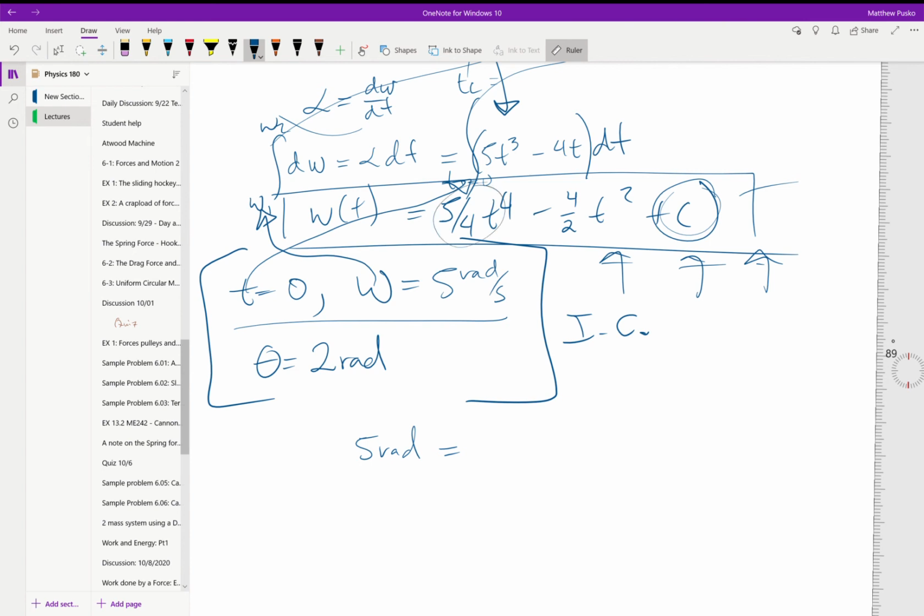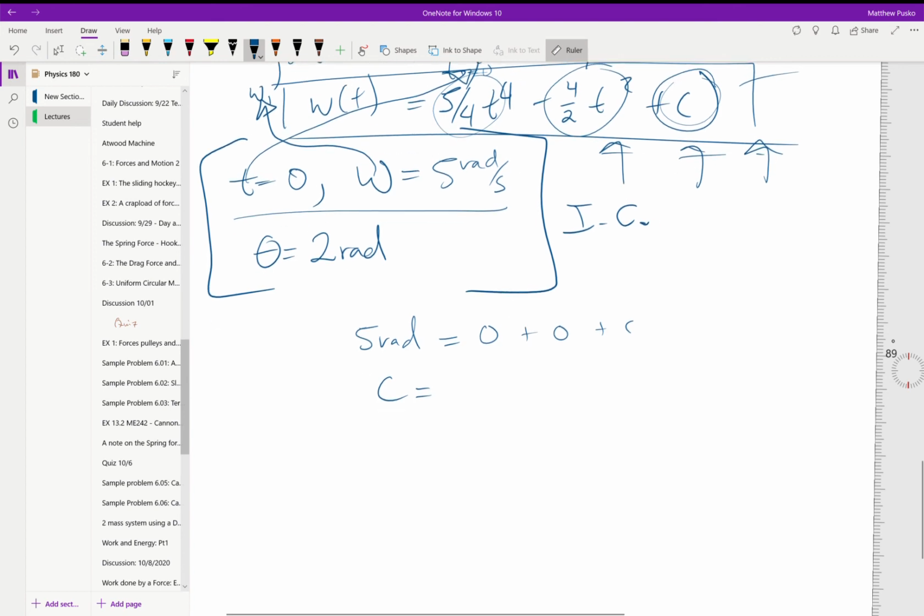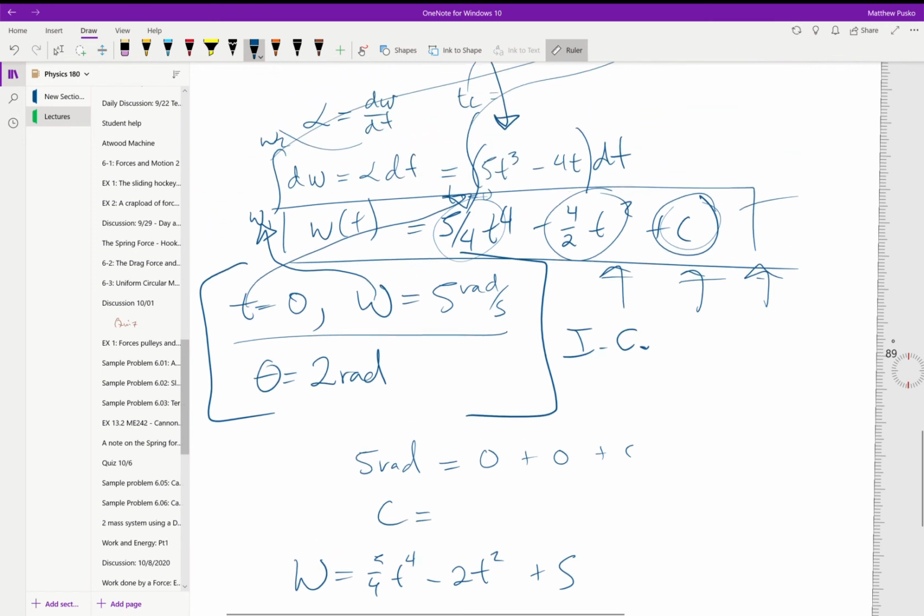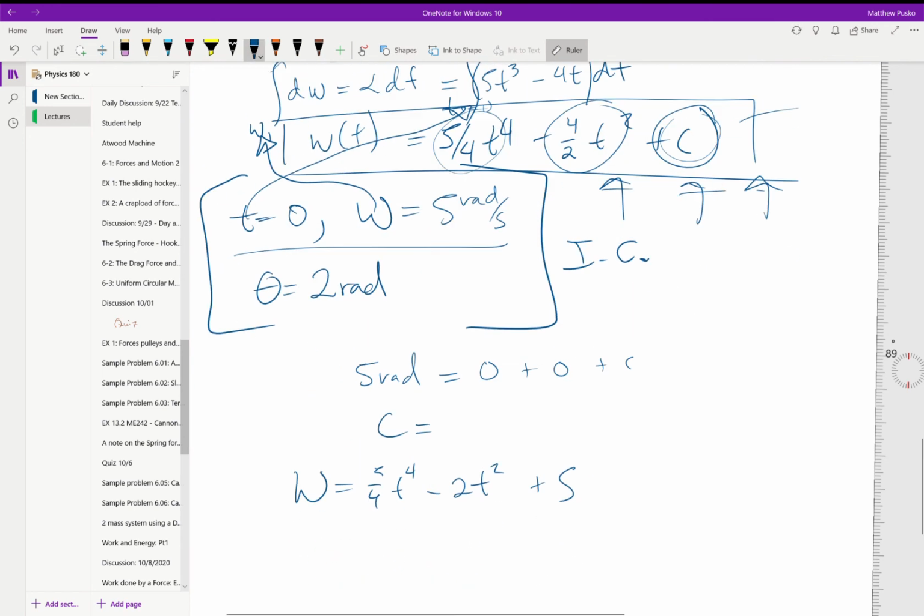Evaluated at t equal to 0, the time terms just turn to 0, and we get the constant c and our final angular velocity expression: 5/4 t to the 4th, this reduces down to 2t squared, and then we know the constant now. You could have gone about this by putting the integration variables in also.